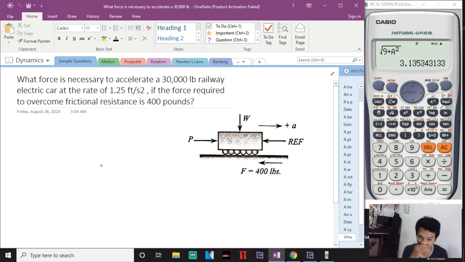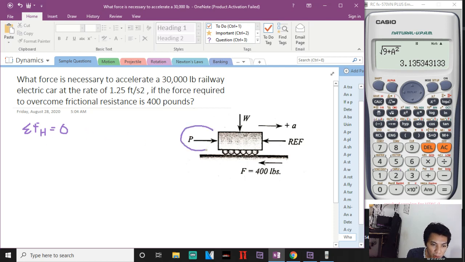Ngayon, mas maganda kasi dito nag-FBD ka, kaya lang ipinakita na yung FBD, okay? Ang gagawin mo dito is magsasummation of forces ka lang. Now, if you have summation of forces dito sa horizontal equal to 0, Newton's first law, ibig sabihin, tignan mo yung mga forces sa horizontal. Okay? Ano ba yung mga forces na yun?